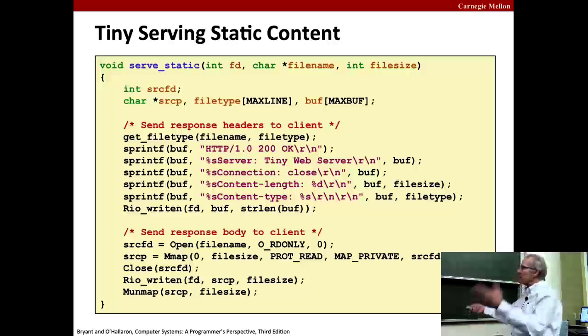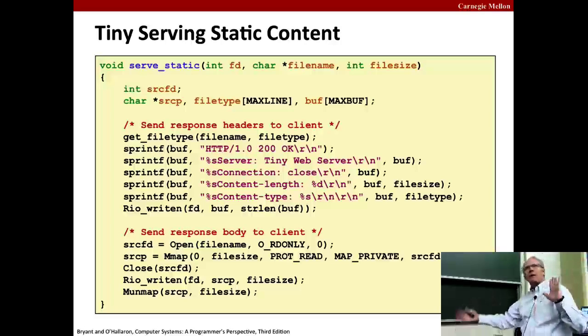And so this could be done with a regular read, but this is a little bit more elegant way to handle it. And you'll notice, by the way, that the content length here is the length of the file, and does not include the number of bytes in the header. So the header comes first. There's no length associated with it that's sent back.